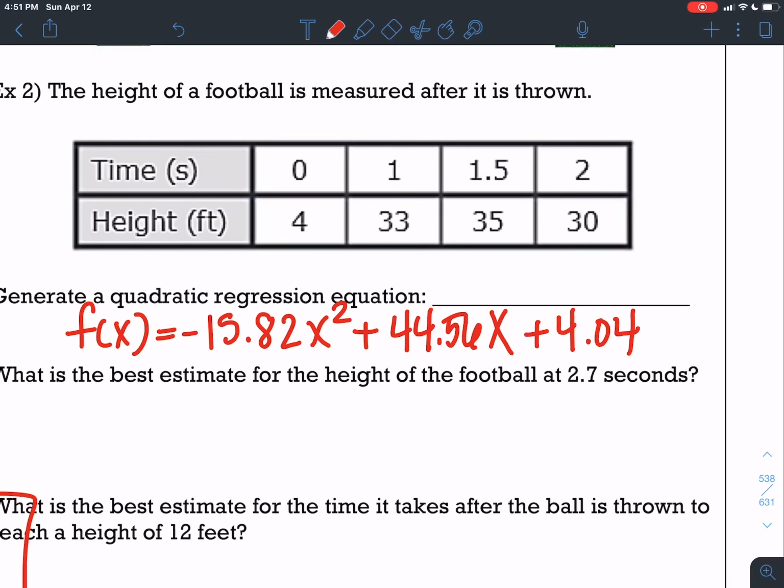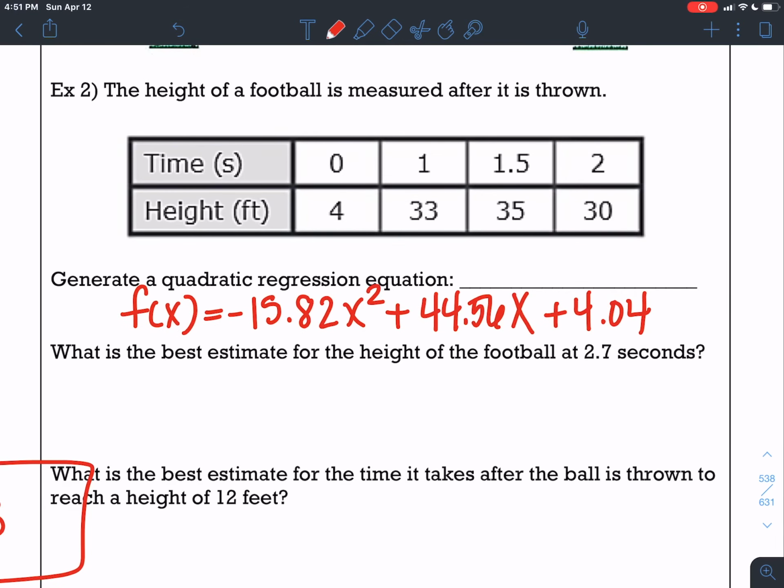That's my approximate equation. What is the best estimate for a height at 2.7 seconds? That means they want me to plug in x equals 2.7. That's a lot of math.